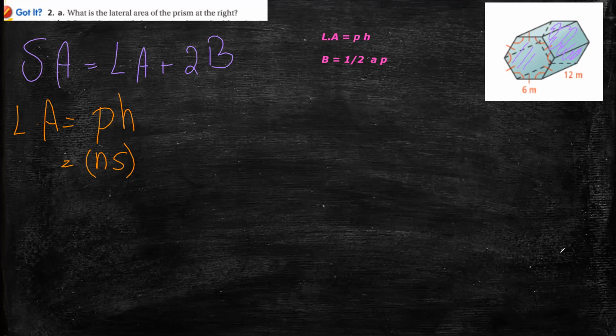I told you that the height is the length of the altitude that connects these two bases, so it will be 12. Since it is a hexagon, we have 6 sides times the length of each side, which is given here as 6. So it is 36 times 12. So the lateral area here will be 432 meters squared.